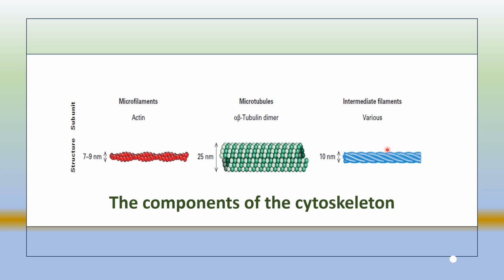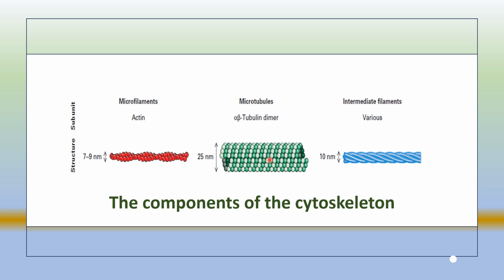You can see from the structure here on your slide, the microfilaments have a filament-like structure in which different monomeric units are joined together, and they have a diameter of 7 to 9 nanometers. Similarly, you have microtubules.